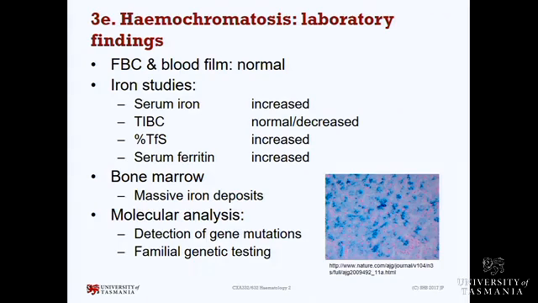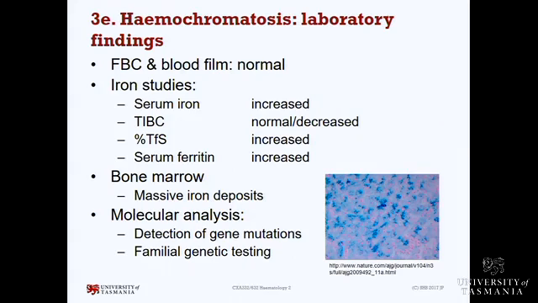Unlike sideroblastic anemia, where we get the ringed sideroblasts because we've got the iron in the normoblasts around the nucleus, what we find with hemochromatosis is it's the tissue macrophages that are full of iron. Although we do have iron in the erythrocytes as well, it's mainly the tissue macrophages that we see it in.